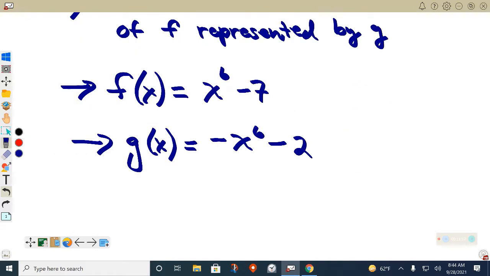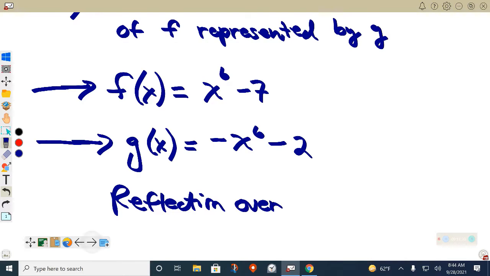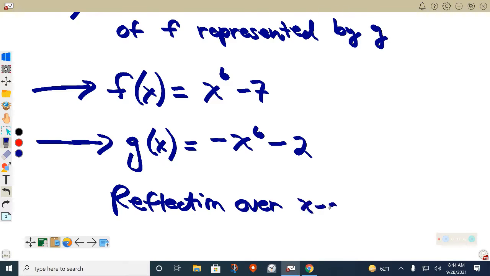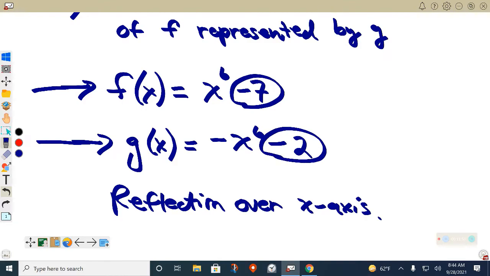So we're going to describe now how we get to g from f. This is going to be a reflection over the x-axis. And then notice, we went from -7 to -2. What had to happen there?